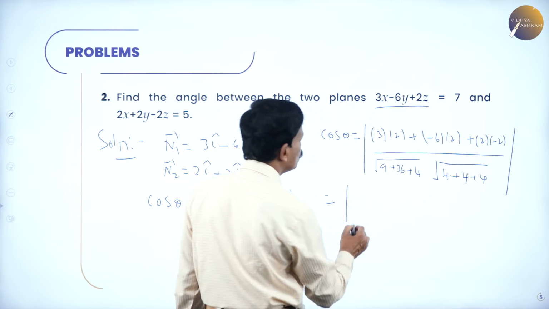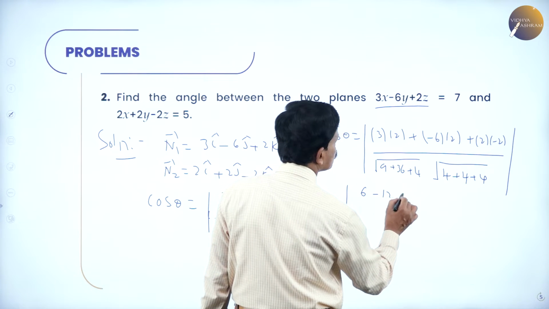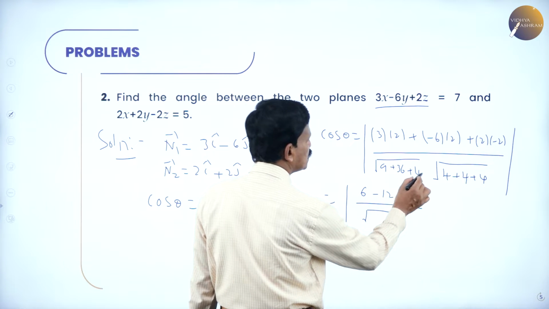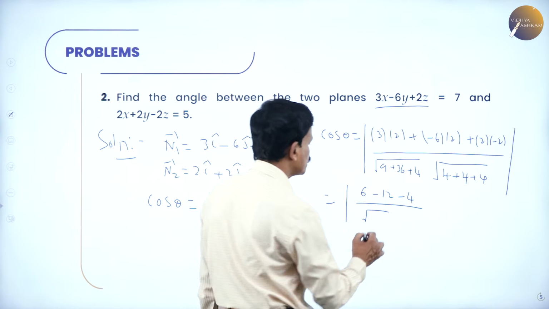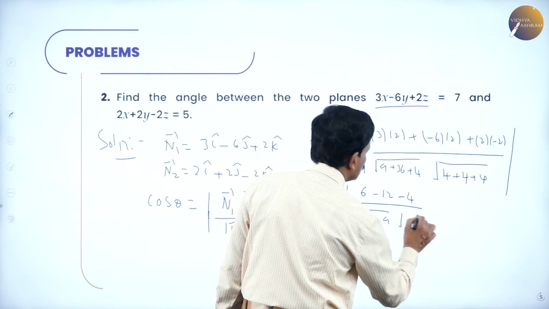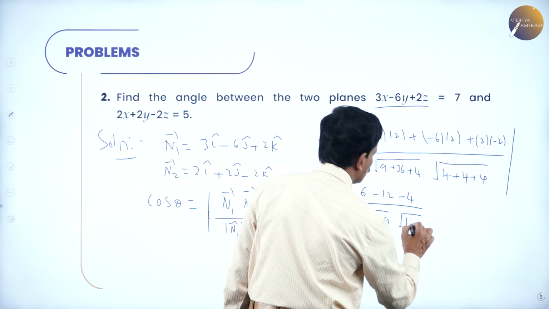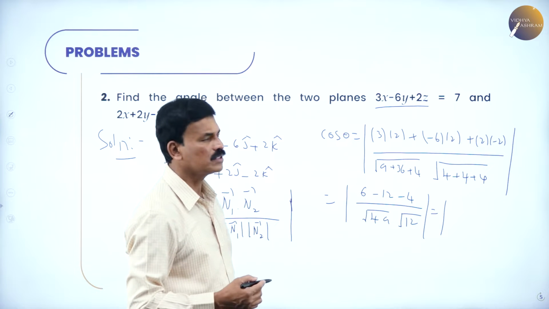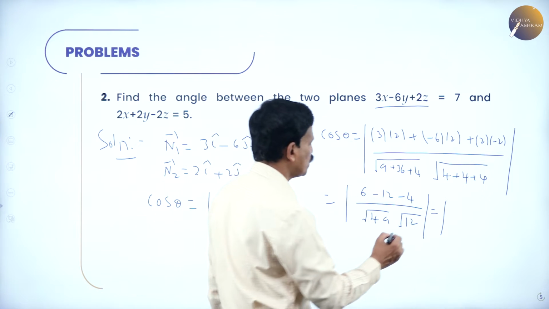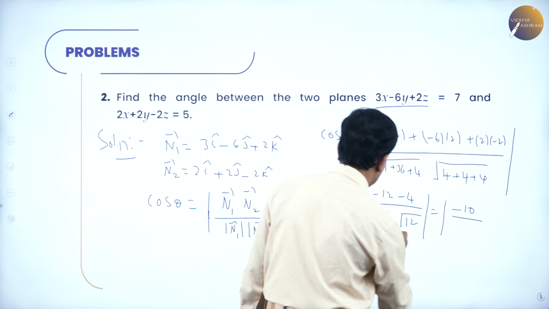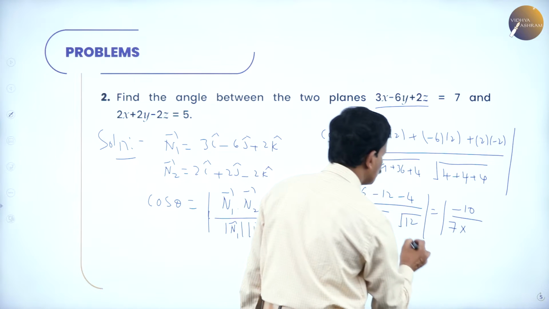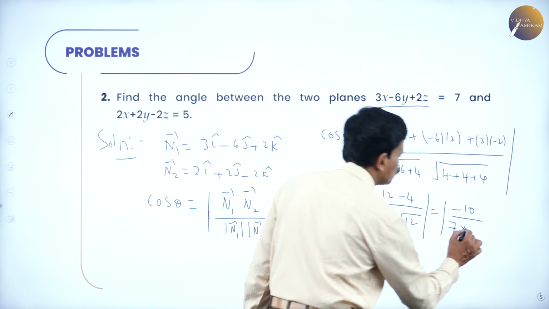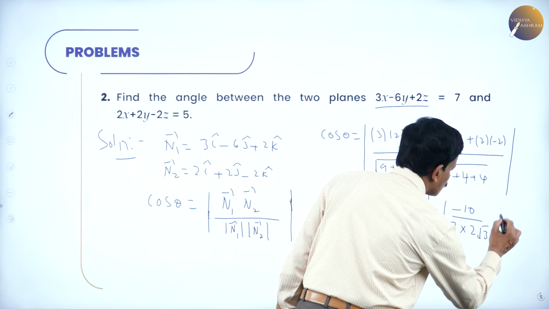So this is equal to 6 minus 12 minus 4 divided by the root of 36 plus 4 is 40, plus 9 is 49, into the root of 4 threes are 12. This is minus 10 divided by 7 into, and the root of 12 can also be written as 2 root 3.